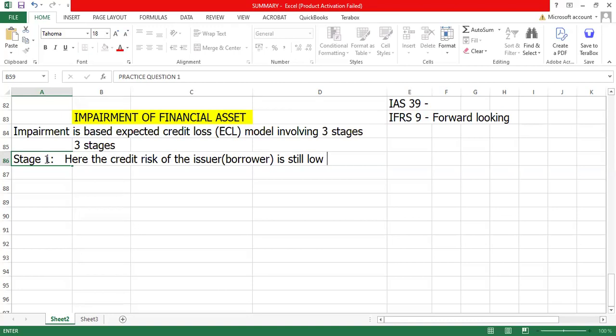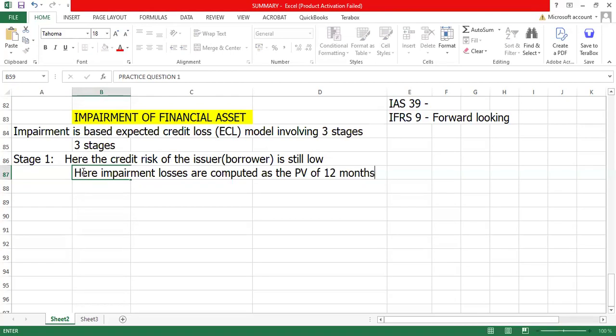For example, in this situation, the borrower's business might still be performing well. So in this case, as you recognize the impairment, losses are computed at the present value of 12 months expected credit loss.